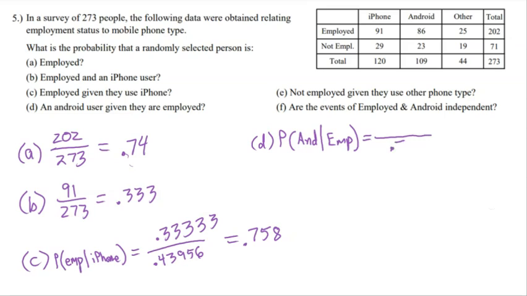In the numerator, we're going to put the probability that they are an Android user and employed, so right here, 86 out of 273.